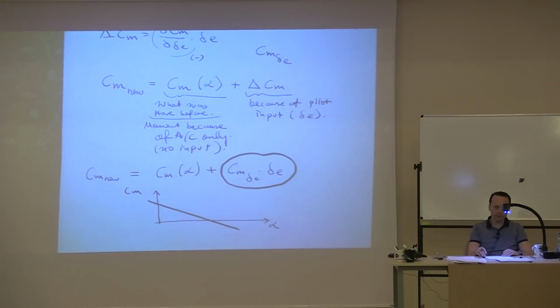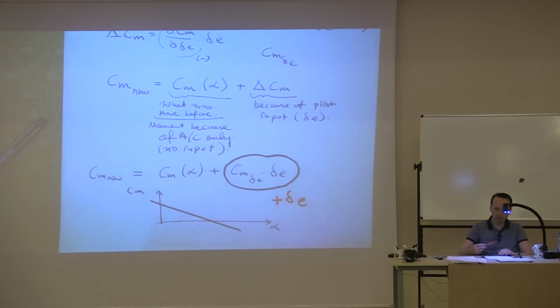This is just a function of del E. Okay? So here's my question. Which way will this plot move if I give a positive del E? Will it go up or down? Down, right?